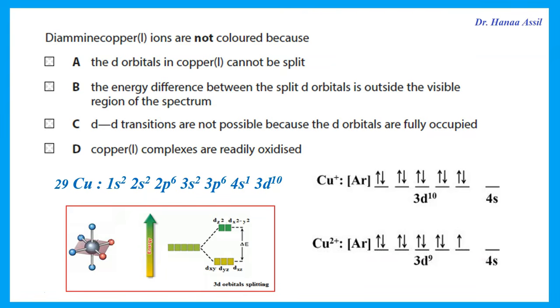But copper 2 plus is colored. This is because we're going to remove an extra electron from the 3d. That means now the 3d is incomplete, so the copper 2 plus would have a color, while copper 1 does not, because d-d transitions are not possible since the d orbitals are fully occupied.